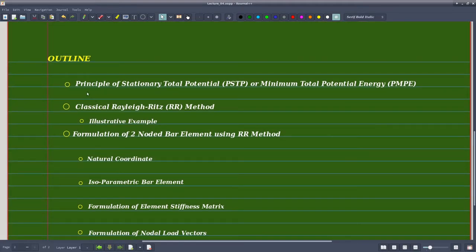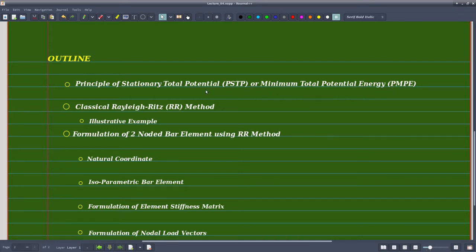first, we'll study what is principle of total potential or minimum total potential energy. And then actually this Rayleigh-Ritz method is based on minimization of total potential energy of a system.